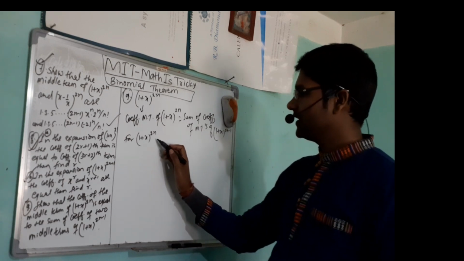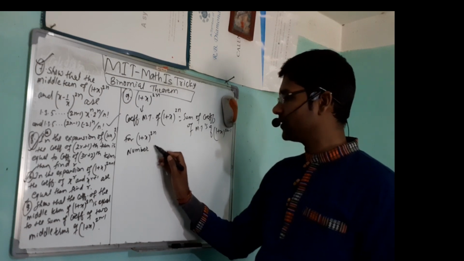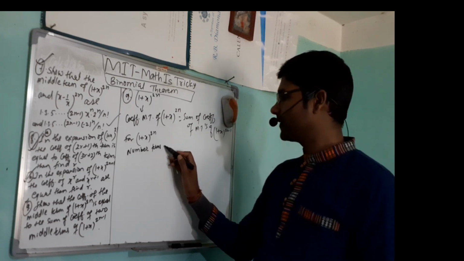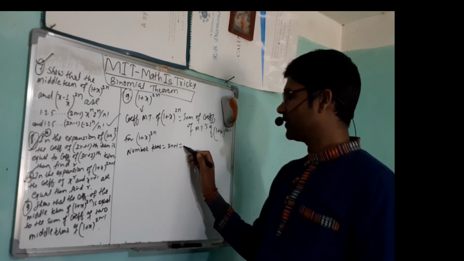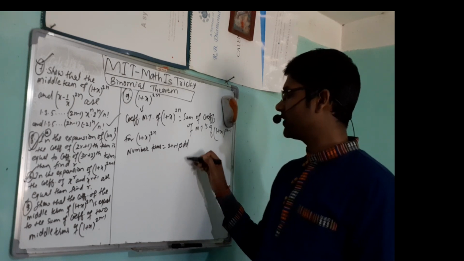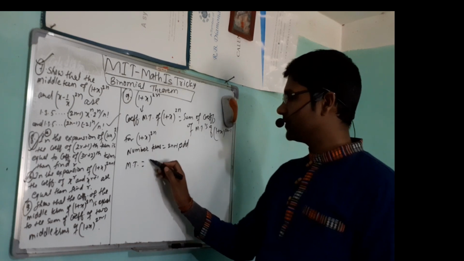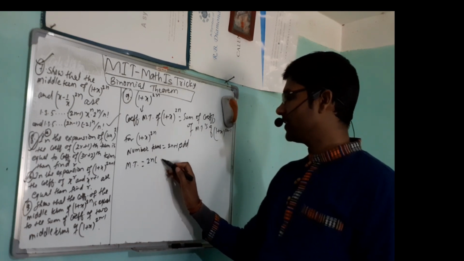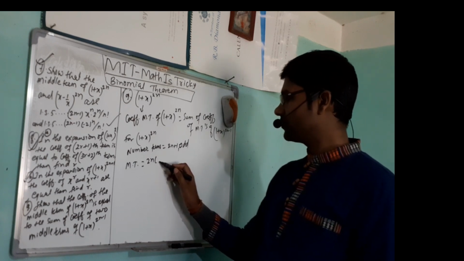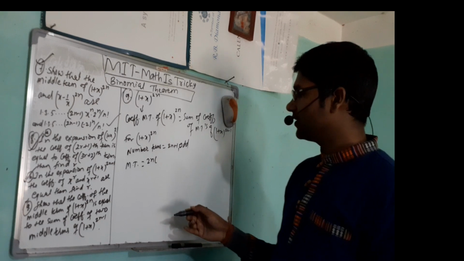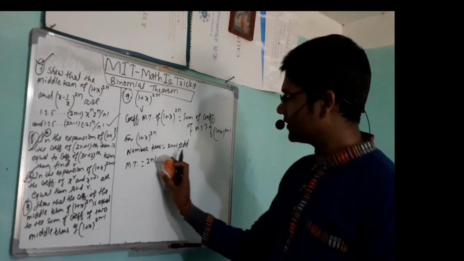What is the middle term in this case? The number of terms will be 2n + 1, which is odd, so only one middle term will be there. The middle term will be simply 2n C n. Let me write the middle term first.